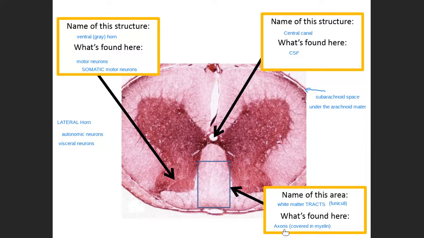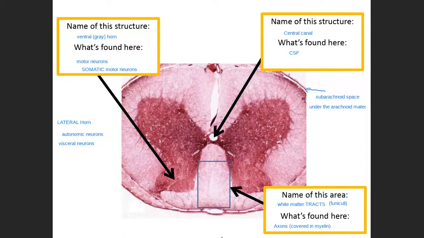I don't do any thinking or processing in a tract. I just send a message really fast, just like an axon doesn't do summation or integration, it just sends messages away. If we're doing any processing or integrating, we're going to do that here in the gray matter of the spinal cord. The white matter of the spinal cord is just really good at sending messages.